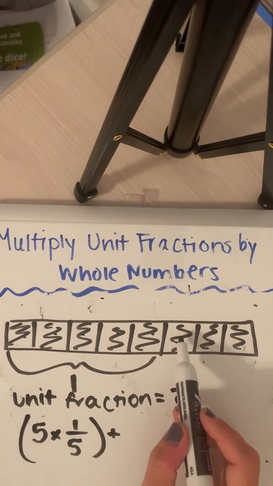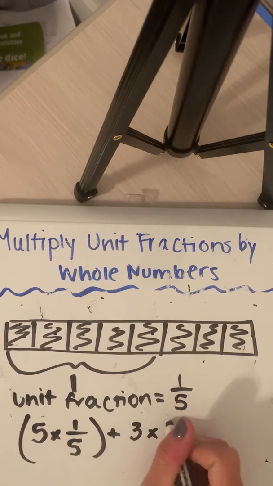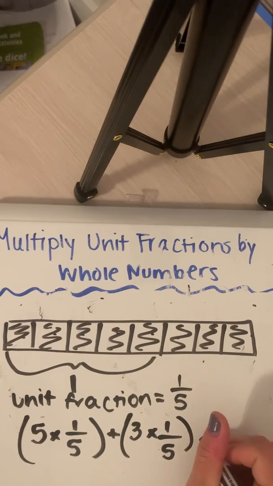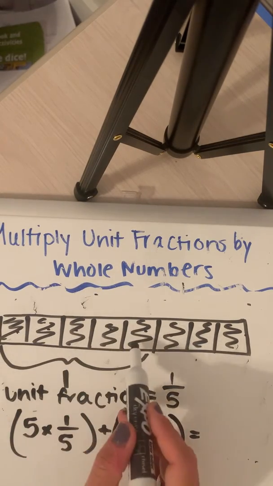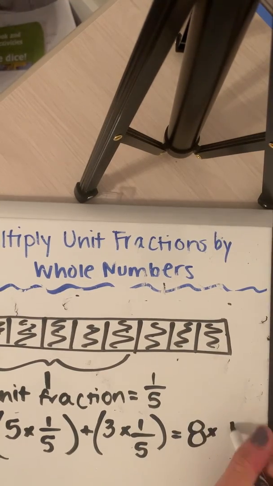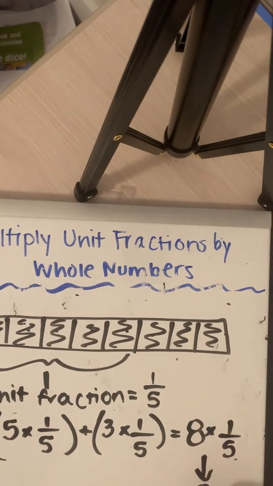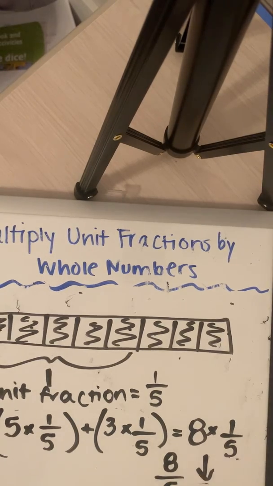And in my second part, I have 1, 2, 3. And that will equal 1, 2, 3, 4, 5, 6, 7, 8 times 1/5, which I know also equals 8/5. All right.